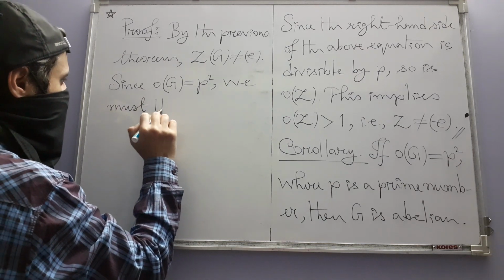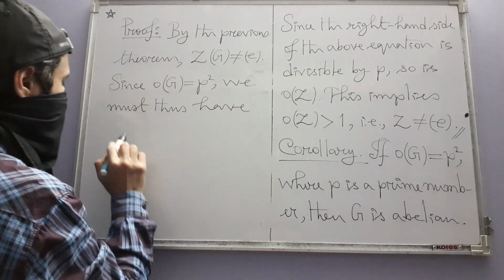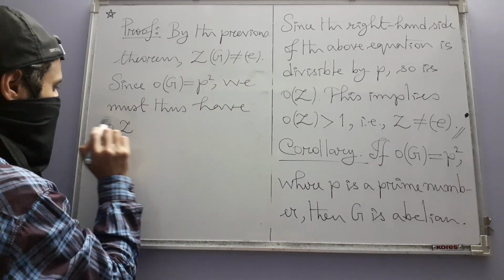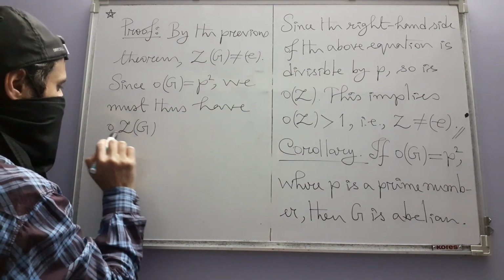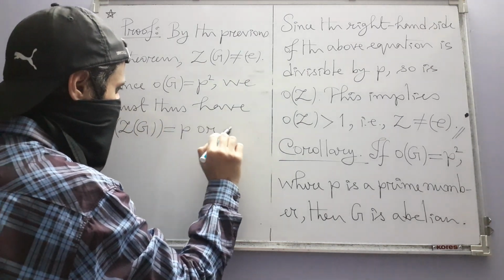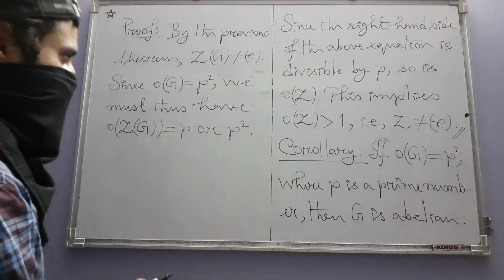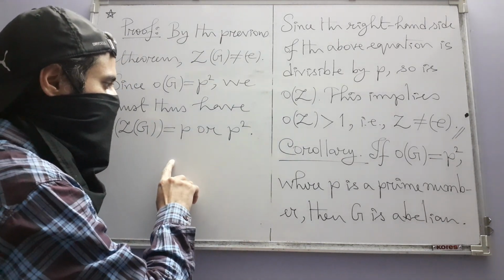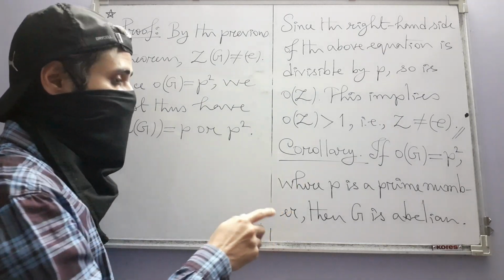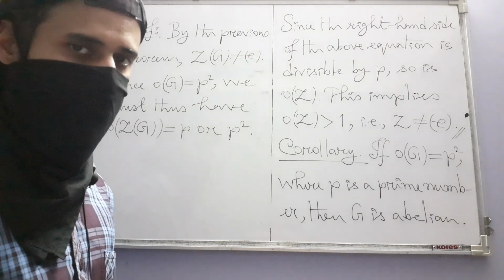Lagrange's theorem then implies that the order of the center of G is either p or p square, because it has to divide p square, so it can either be 1, p or p square, but it cannot be 1, and that follows from the previous theorem.